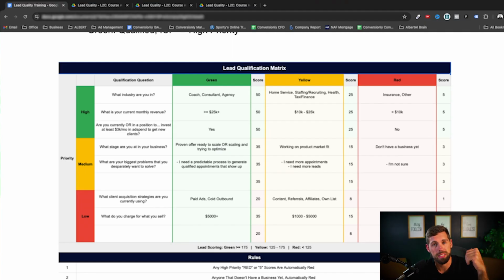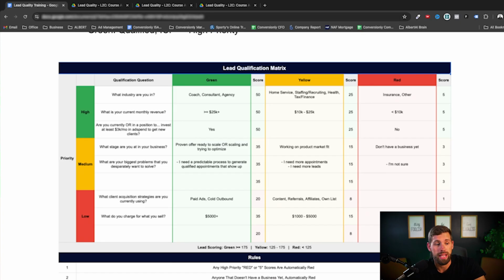Yellow means that it's medium priority. It's not going to directly disqualify somebody per se, but it does decrease the score and the quality of the prospect as they move forward. Red is low priority. They're nice to have questions. They're not need to haves, and they're ultimately not going to make or break a prospect. Those have the lowest scores.